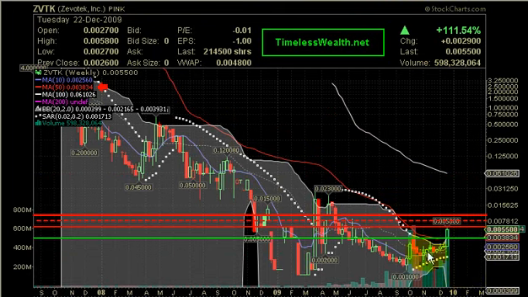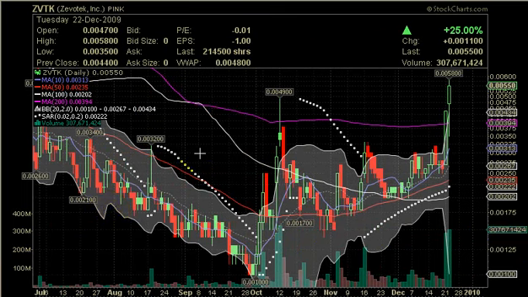Now take note of the 0038 mark, as I've mentioned on this weekly chart, being key support, and we will flip over to the daily chart and take a look at support in greater detail, of course in daily intervals. So here we are with the daily chart.